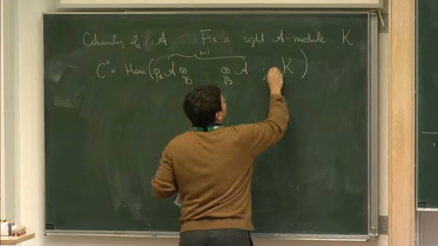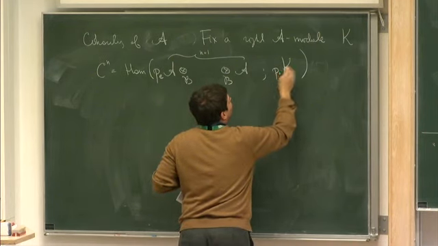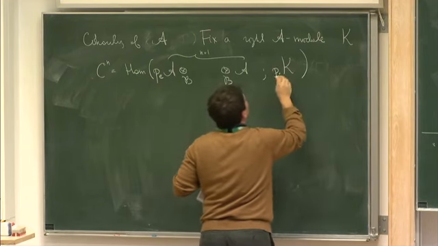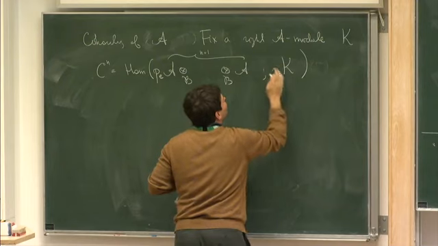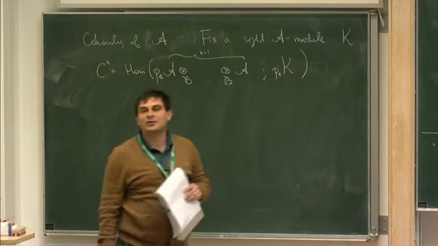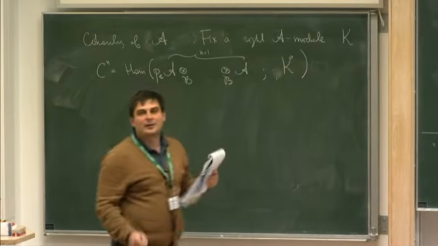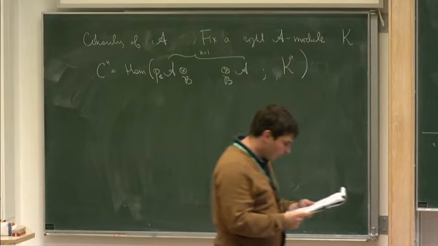I somewhat hid under the carpet what really is a representation, but there's a certain sub-piece of that representation which I should really call K0 or something like that.